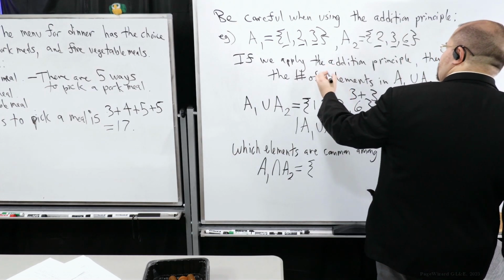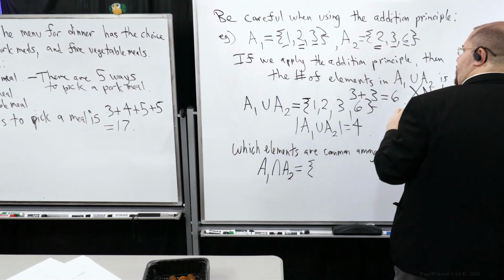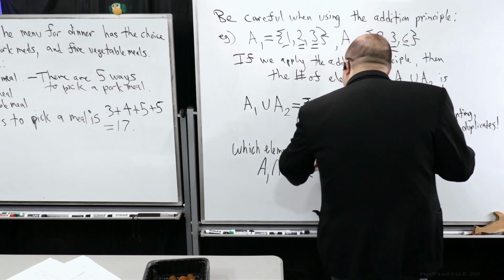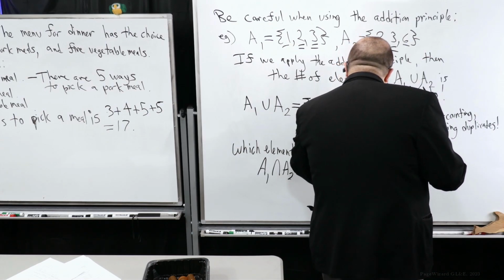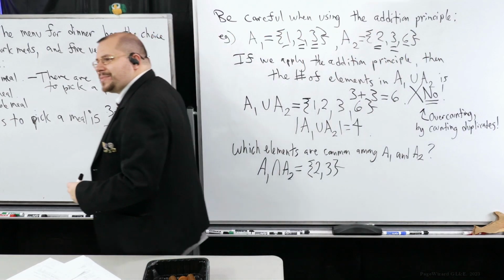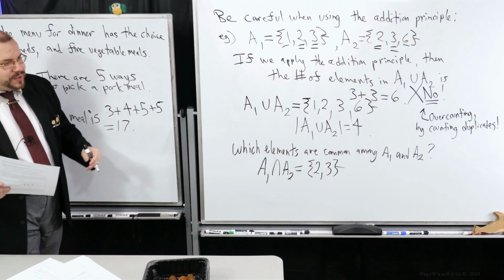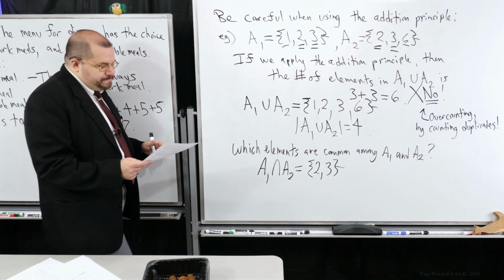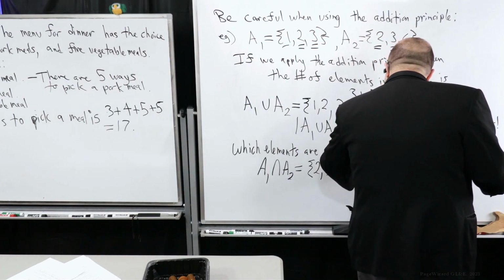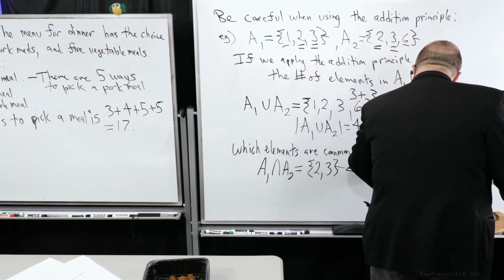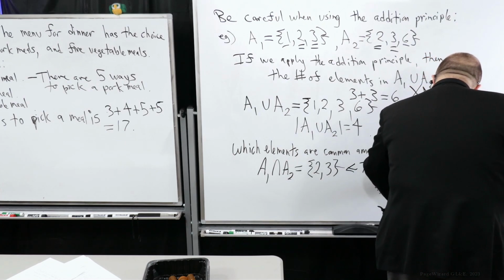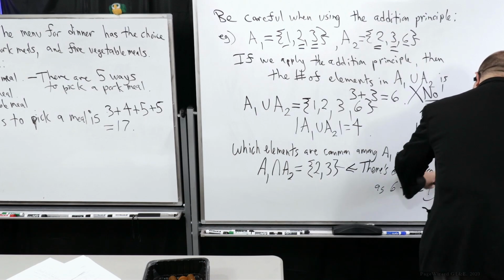Well, look, when I underline 2, I underline 2 over here. I had 3 over here too. So notice that 2 and 3 are common amongst the two. Those are the ones I counted, I actually technically counted them twice. It's a mistake. So I have to account for those elements. So there's our extra 2, as 6 minus 2 is equal to 4, right? And this is the correct count.